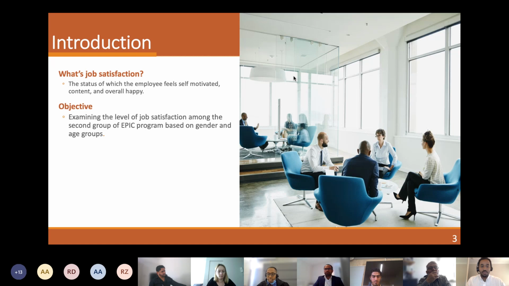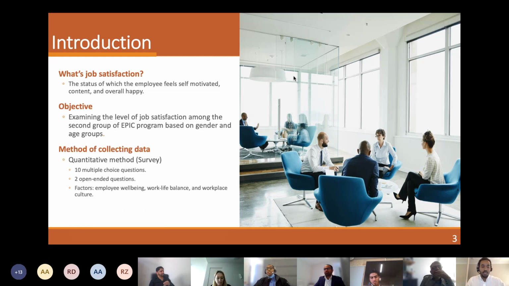The main objective of our presentation is to examine the level of job satisfaction among the second group of the EPIC program based on 2 factors, which are gender and age groups. So we mainly examine the results based on these 2 criteria. As a method of collecting data, we used a quantitative survey. We had 10 multiple choice questions and 2 open-ended questions, covering employee well-being, work-life balance, and workplace culture.